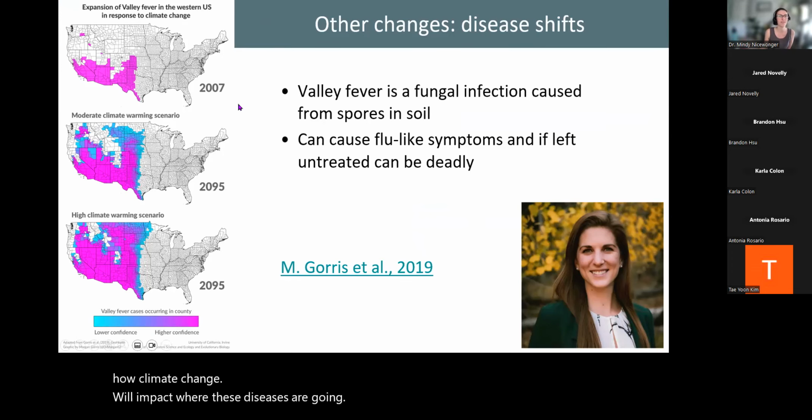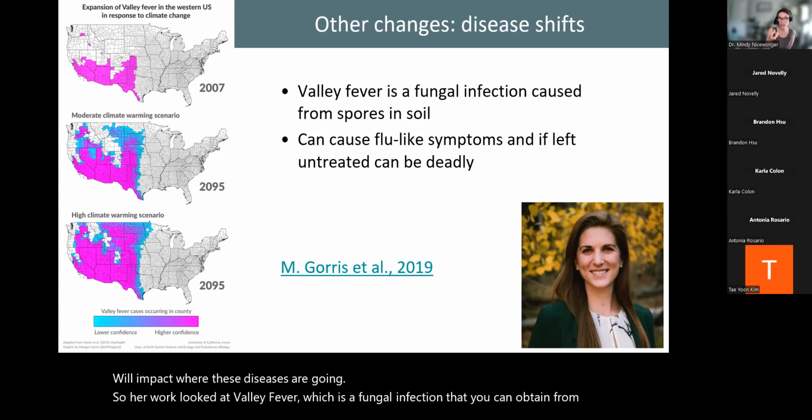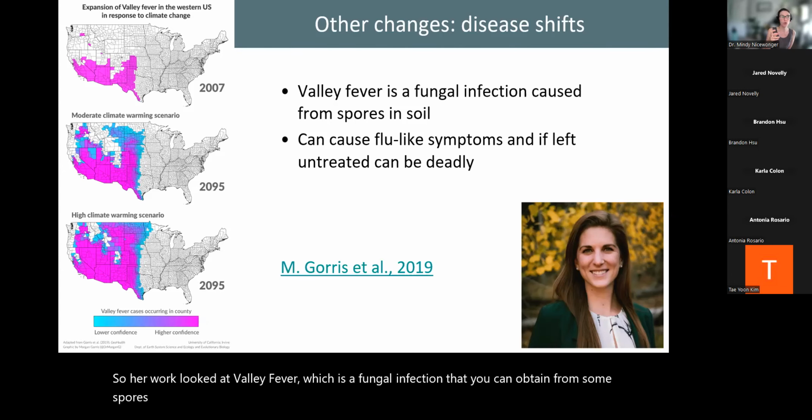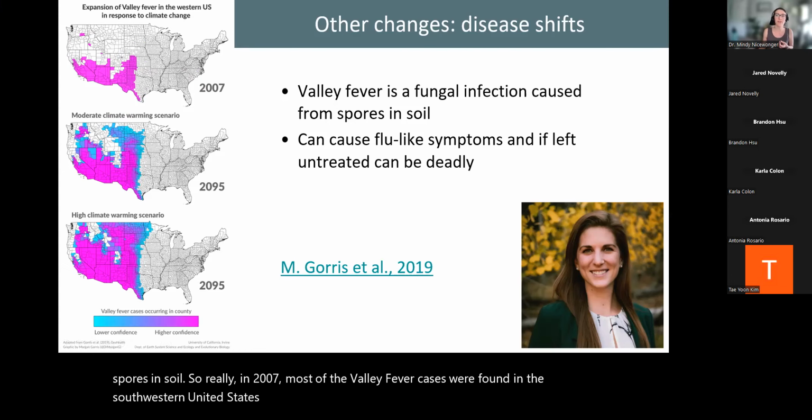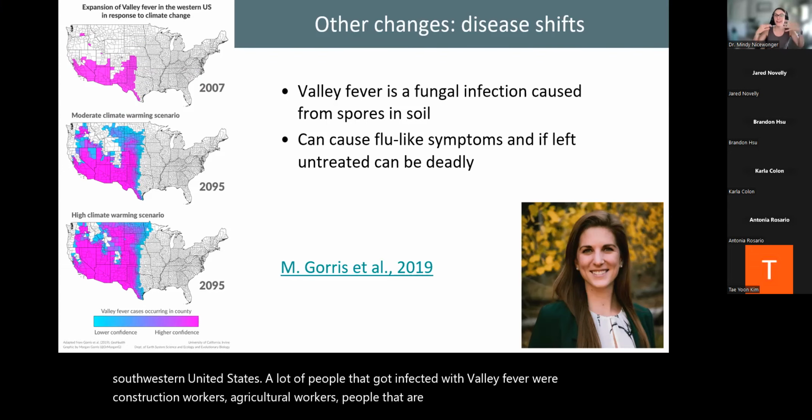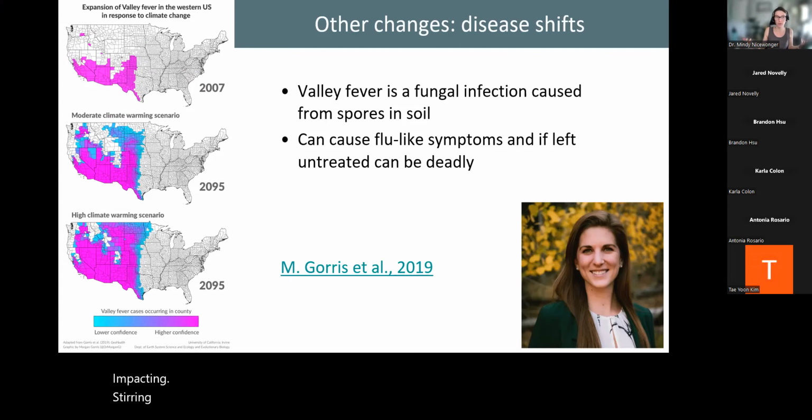So her work looked at valley fever, which is a fungal infection that you can obtain from some spores in soil. So really, in 2007, most of the valley fever cases were found in the southwestern United States. A lot of people that got infected with valley fever were construction workers, agricultural workers, people that are out impacting, stirring up the dirt.